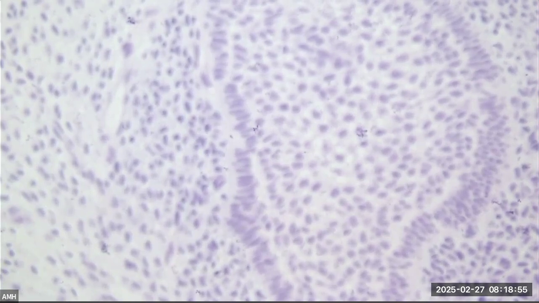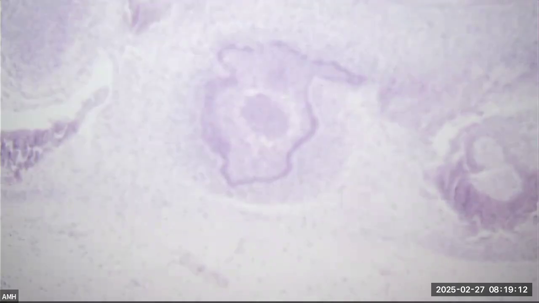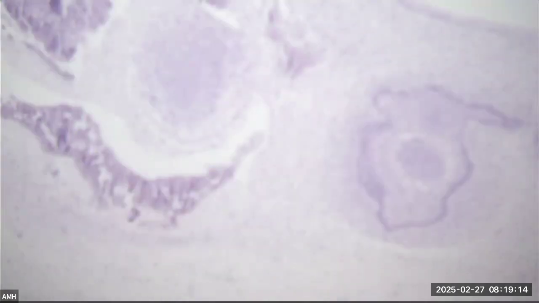So the outside are the ameloblasts, and the inside is the stellate reticulum. And here's a few more, like here. You can really see that reverse polarity and that sort of jumbled mass of cells in the center. That's the stellate reticulum. So the ameloblasts differentiate into the stellate reticulum?